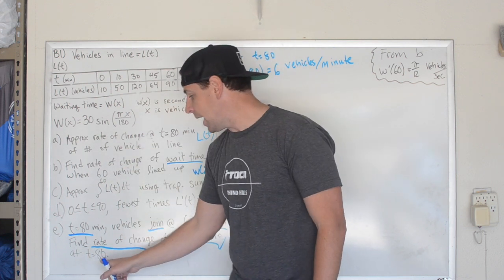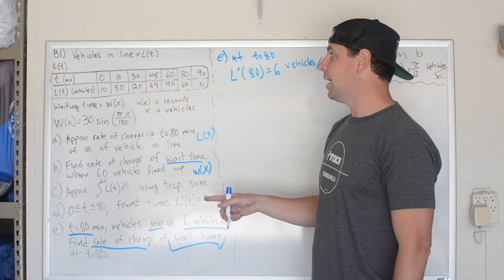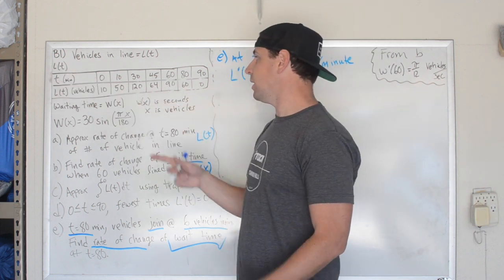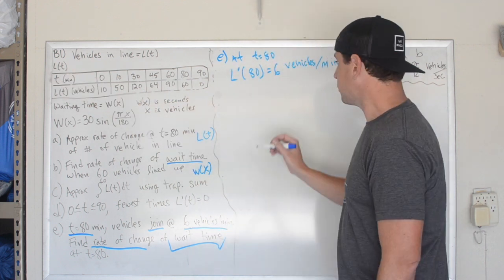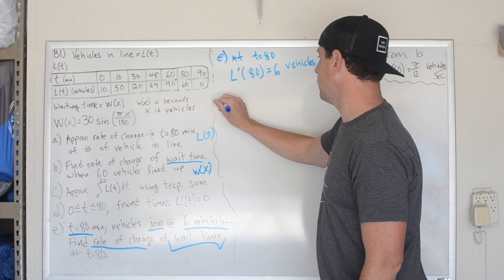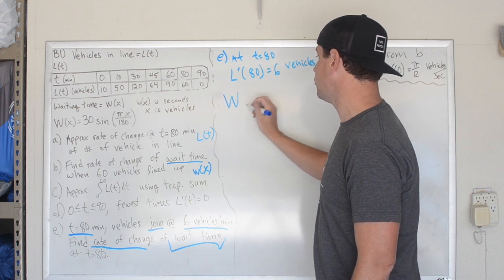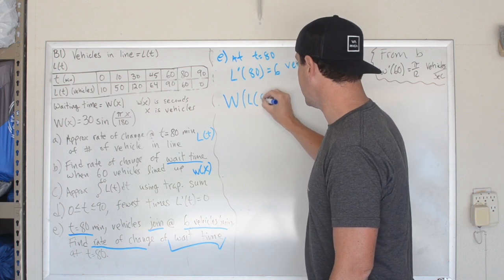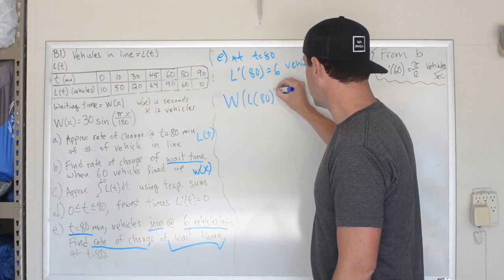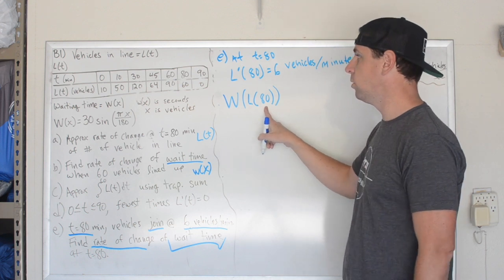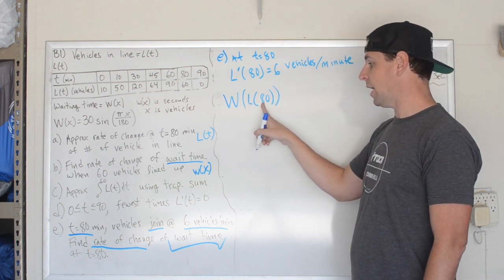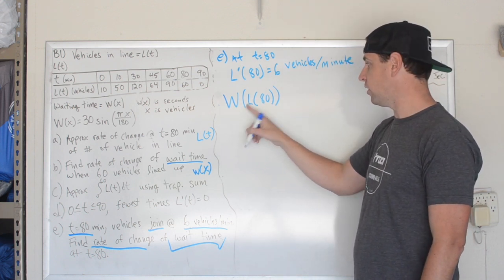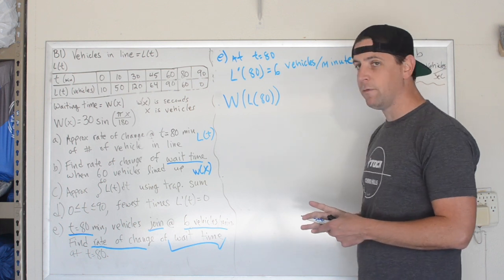Remember, at 80 minutes, that's when L is at 80. So we're trying to find the rate of change of W of L of 80, the wait time when the line has L of 80 at 80 minutes. So we want to take the derivative of this.